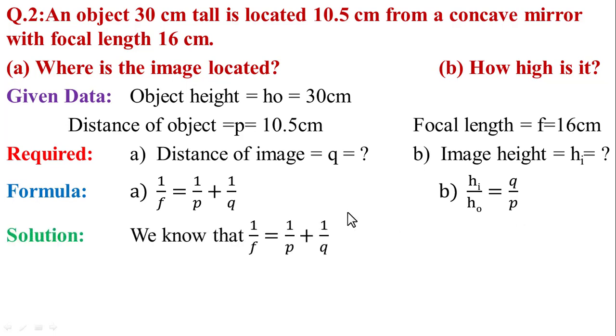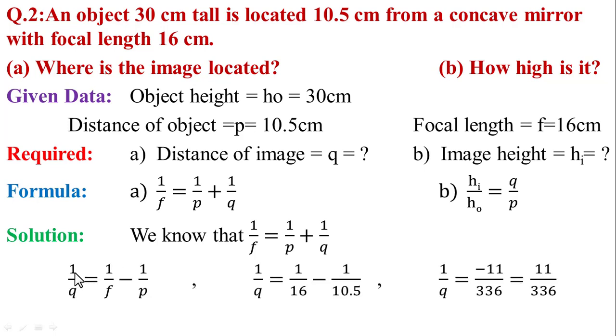Now in the first part solution, we know that 1 over f is equal to 1 over p plus 1 over q. Putting the values, 1 over q is equal to 1 over f minus 1 over p. So 1 over q is equal to 1 over 16 minus 1 over 10.5.